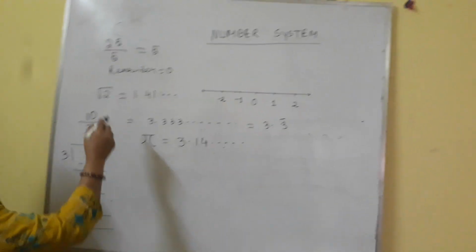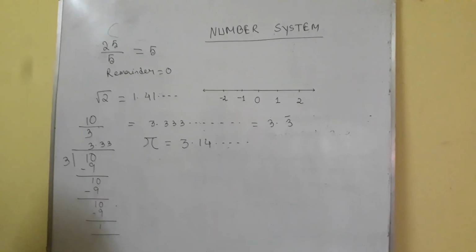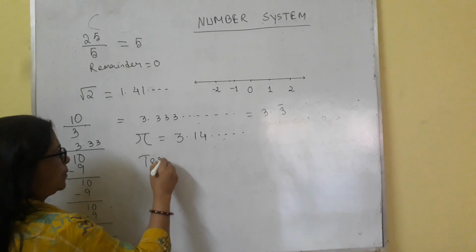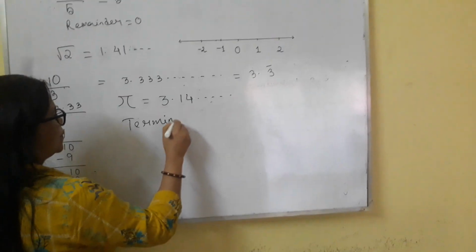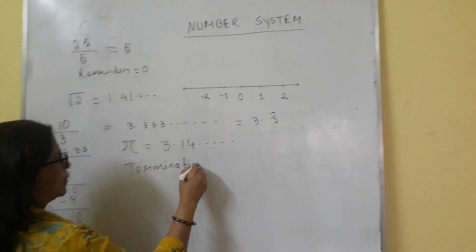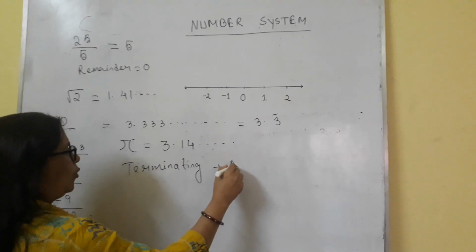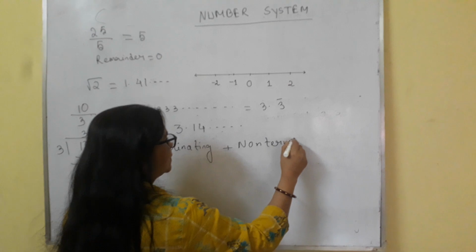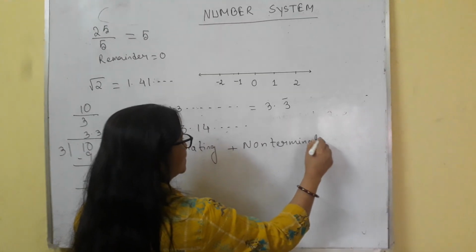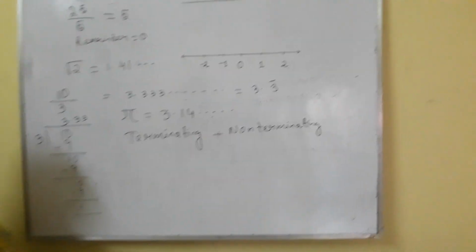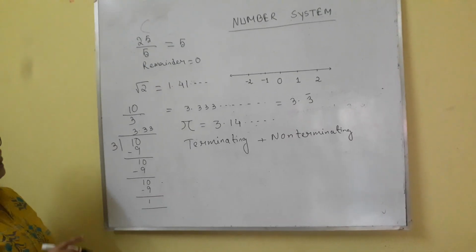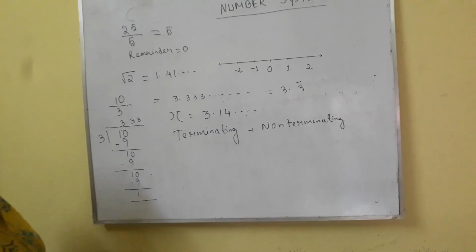That means any number on the number line when we plot, we are getting two parts: terminating decimal expansion plus non-terminating decimal expansion.